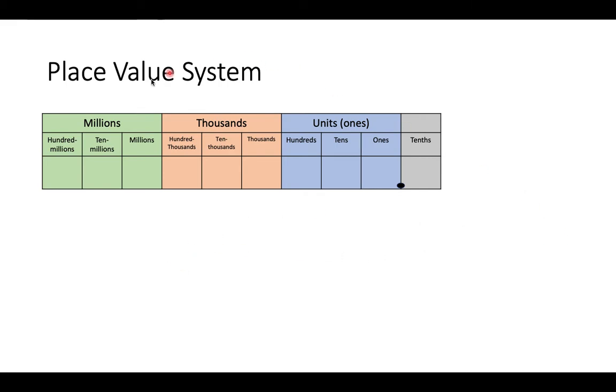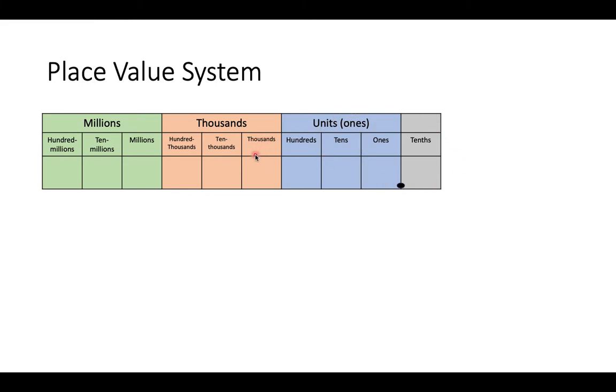So here we are back at our place value system. We know millions. And man, I'm going to try and get you to understand how big a million is. It is huge. Then there's thousands. And then there's these, which really is kind of the extent of what I can represent on my computer screen.